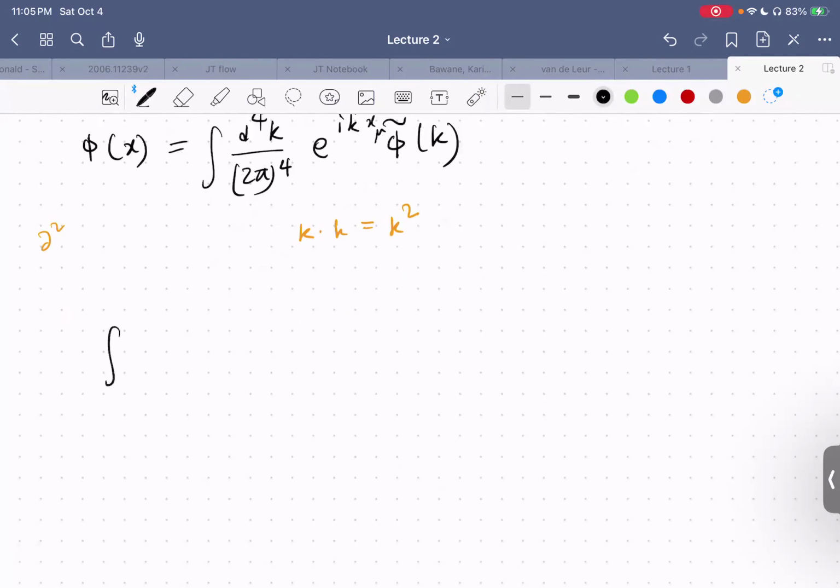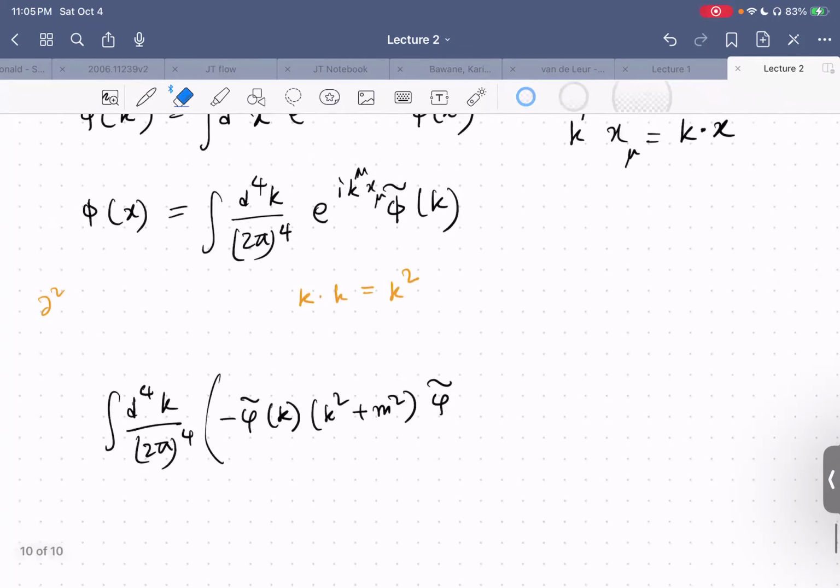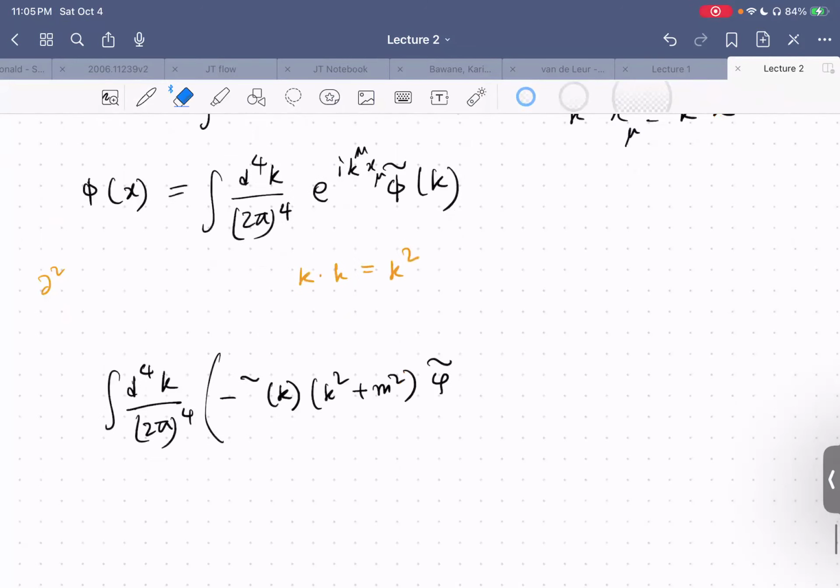It looks like d for k. I think I'm writing 2 different symbols for phi. Let me stick to one.